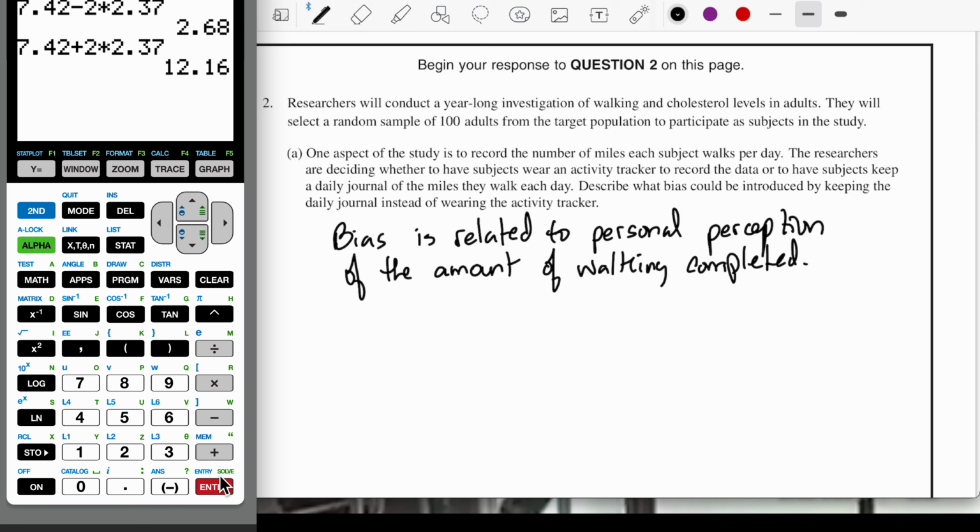You don't want to say a person is more likely to lie about how much walking they've done, because you don't know that. But what you can say is that there is a susceptibility with this framework for a person, if they're going to lie about how much walking they've done, that this allows for that.